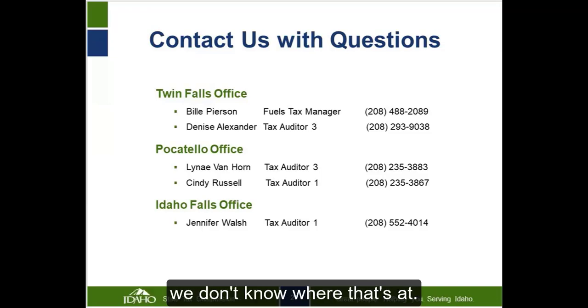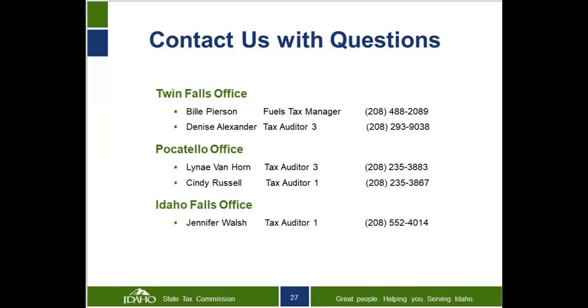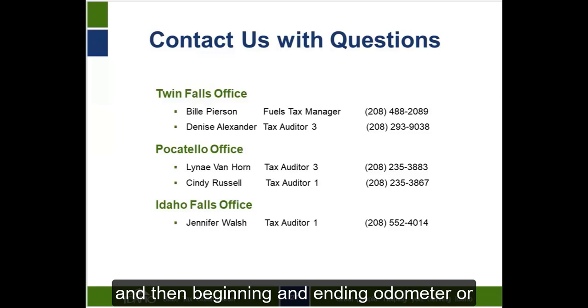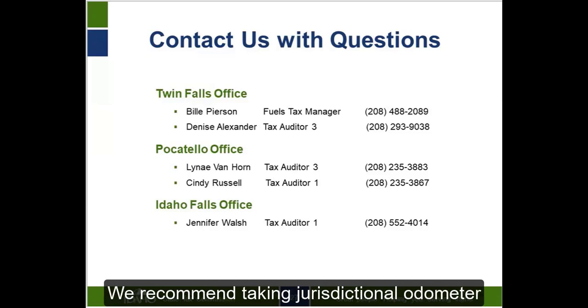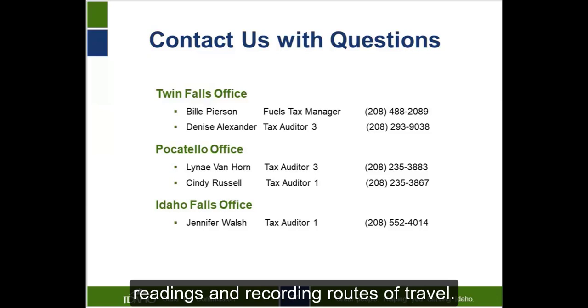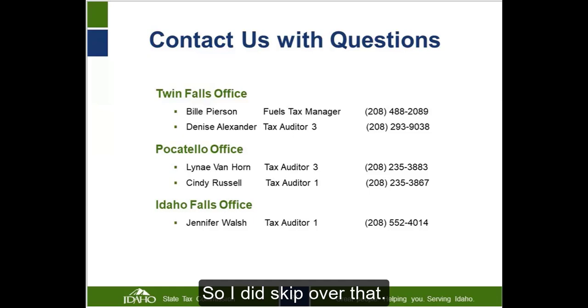That's not such and such farm, because we don't know where that's at, or a name of a location that you dropped off at. It needs to actually have the city and jurisdiction, and then beginning and ending odometer or hub reading and the total trip distance. We recommend taking jurisdictional odometer readings and recording routes of travel. And then we also want to see the fleet and the registration name on those mileage documents. So I did skip over that.